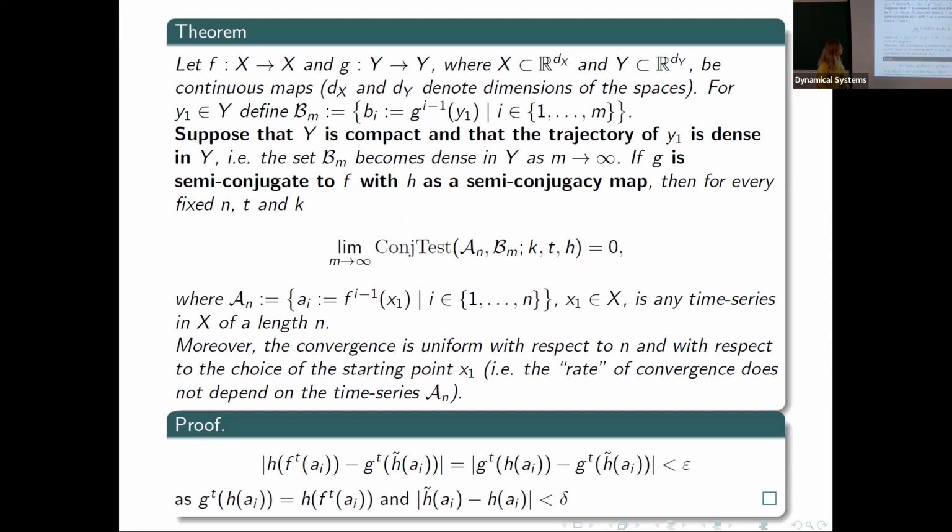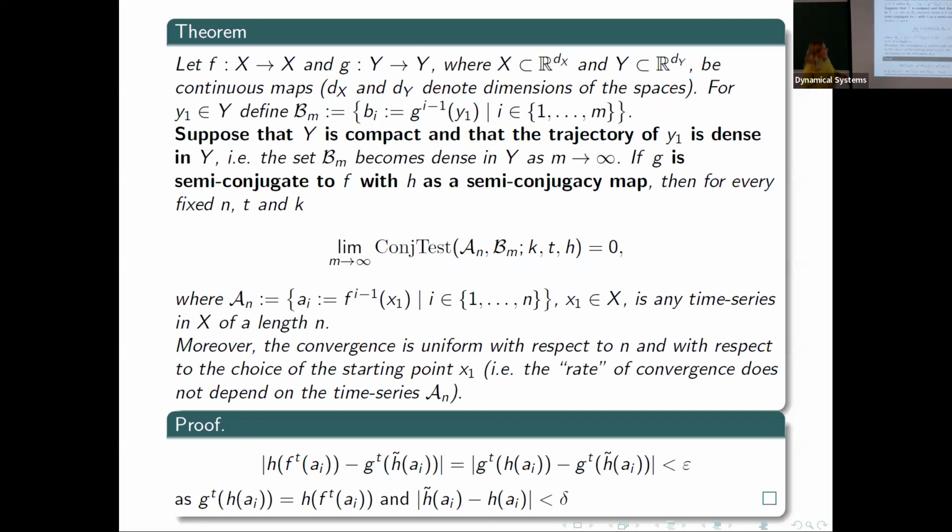And it's actually not hard to justify that, for example, if our space Y, the space where time series B lives, is compact, and we always have finite time series, but it's sampled along a trajectory that is dense in Y, then if we sample for long enough, and if 2 systems are indeed semi-conjugate, so if G is semi-conjugate to F via H, then you can show that with M going to infinity, so the length of this first time series does not matter, what matters is the length of the second time series, this will go to 0.